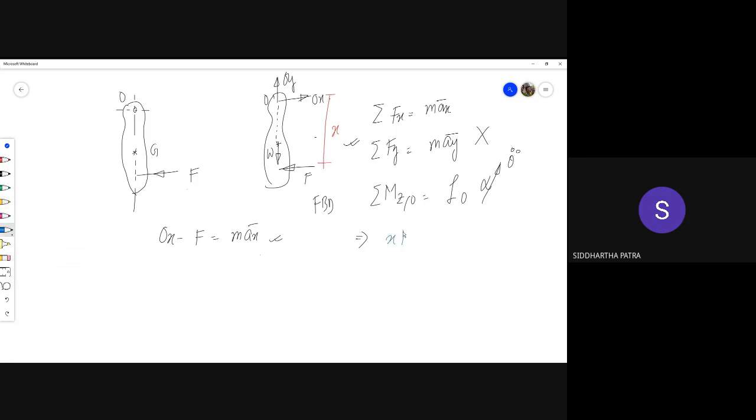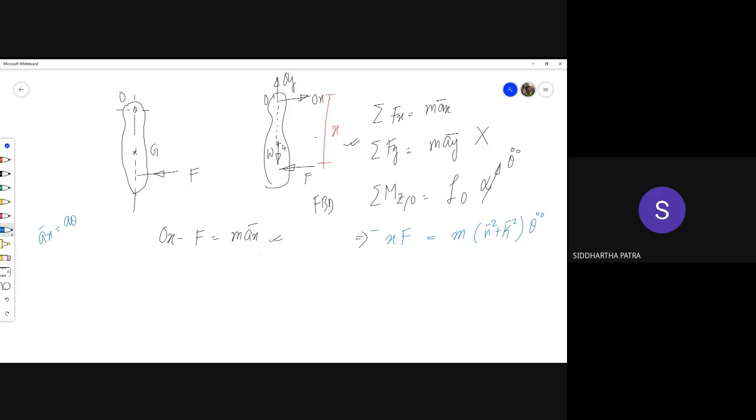X times F, is the moment about O, and that's a negative moment, right? Clockwise. So it is M times R bar squared plus kappa bar squared, which is basically IO, times theta double dot. And you need to realize that AX is also a theta.